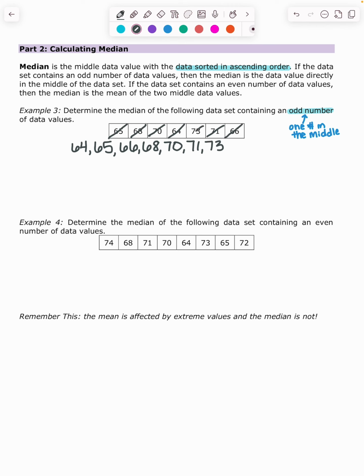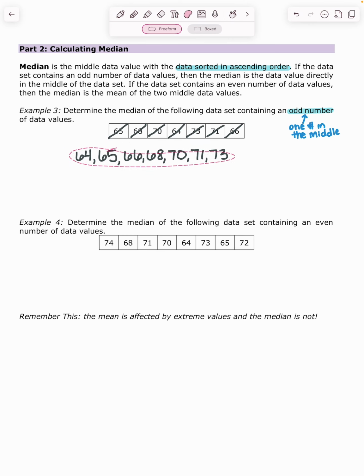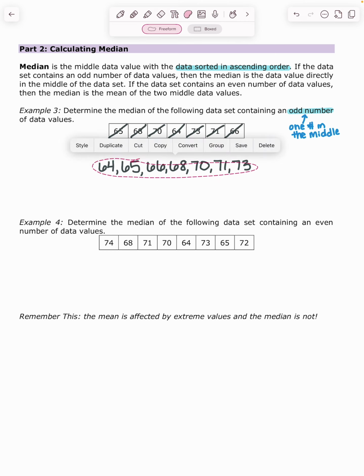Okay, so here we go. Here's my data set. I'm actually going to move it down just a little bit.